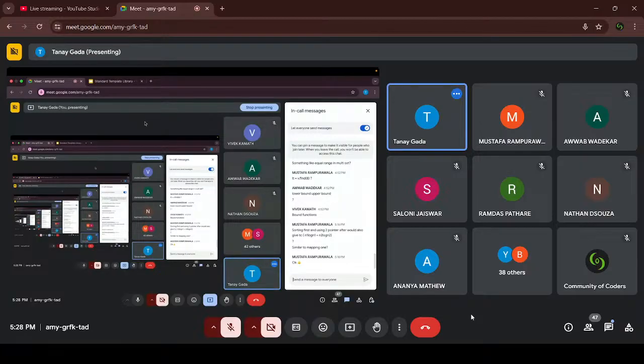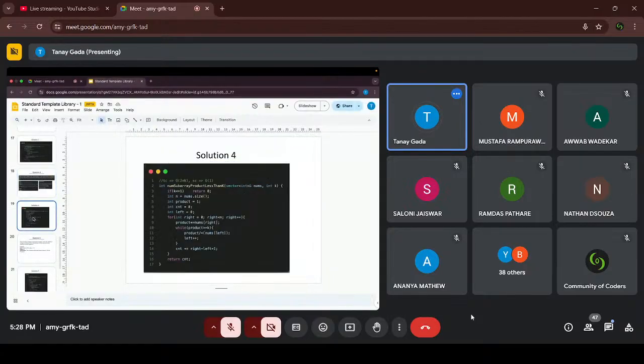Maybe you can say the algorithm like so. This is the right pointer. Every time we increment the right pointer, we multiply it to the product and check whether the product is less than 100, less than k, or not.